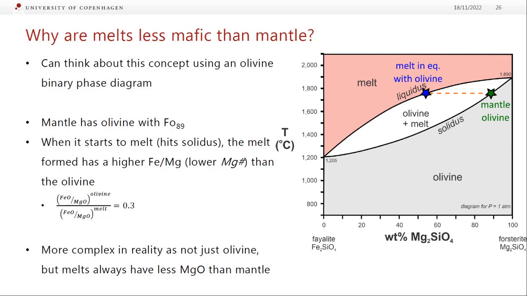So obviously mantle melting is more complicated than just olivine, but this is basically always true that the melts are always going to have lower magnesium than the solids that they're melting from. Yeah, so we can report this change using this olivine Kd distribution coefficient. So the iron over magnesium in olivine divided by the iron over magnesium in the melt is about 0.3.